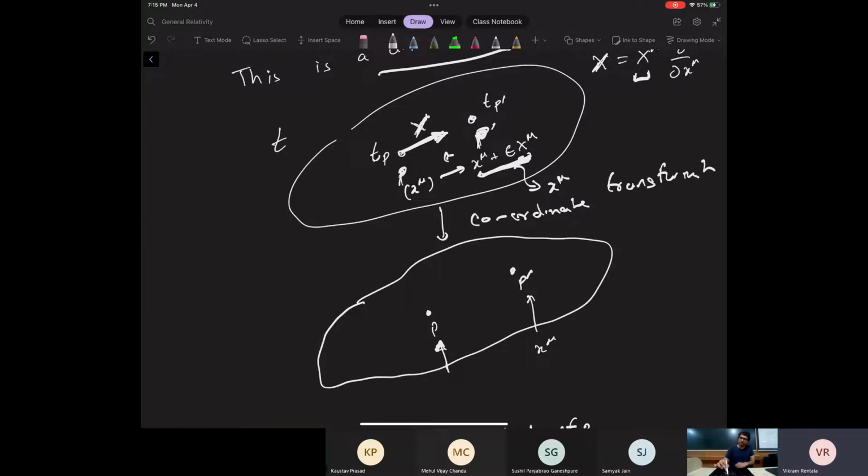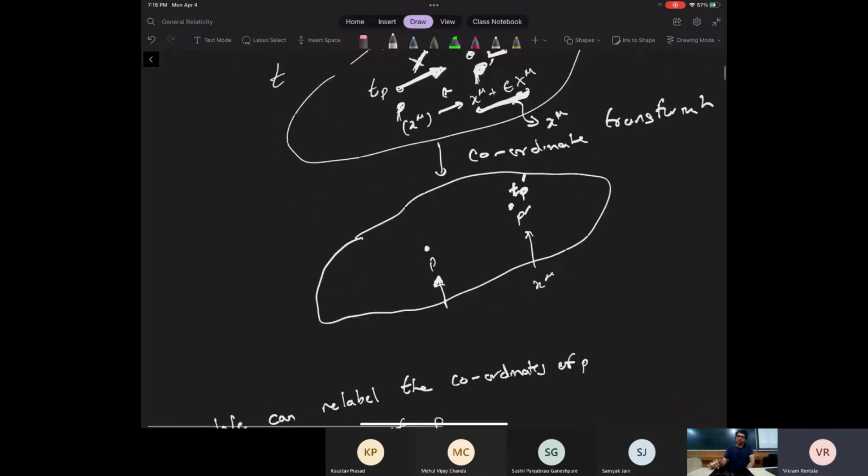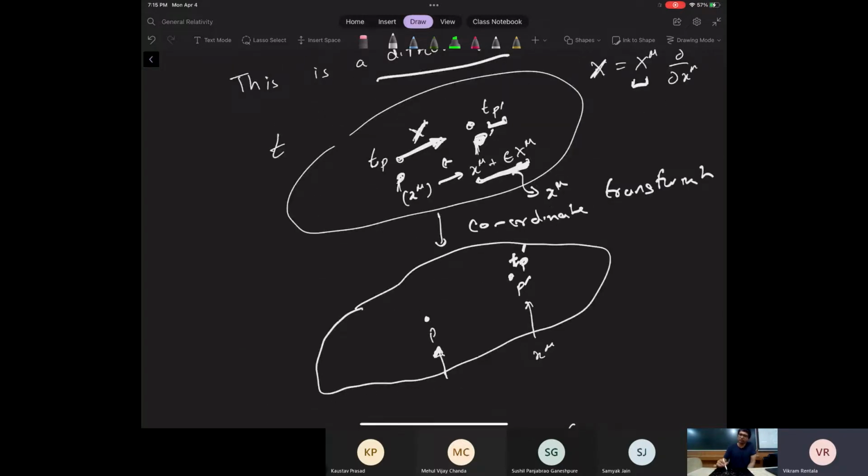So you still have the same tensor T at P prime here. What you're going to do now is compare T at P prime with T at P, if the transformation is a diffeomorphism.